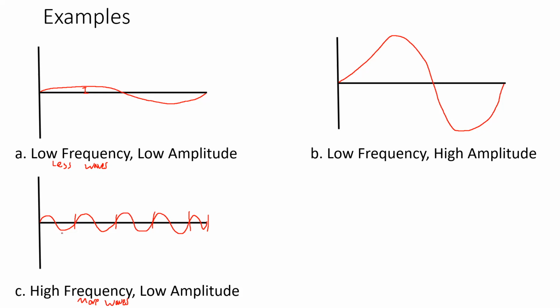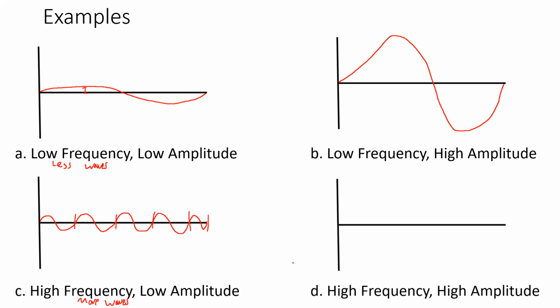So the frequency, think of the normal word frequency, the amount of times these waves appear is higher. Okay, so it's high frequency, low amplitude. So the last one is going to be high frequency and high amplitude. So high frequency is going to be multiple waves, same as this one, and high amplitude is going to be like this one, nice and big waves there.